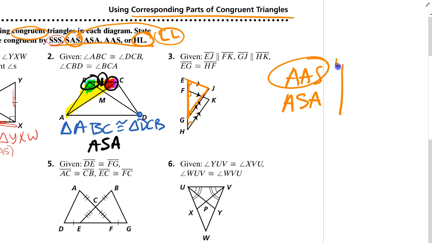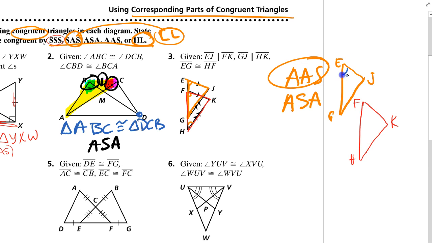If I had angle, angle, side, let me draw this triangle apart from the other one. So here's E, G, J. And now down here, I've got F, H, K. They don't really have any sides that are in common. Bummer. Let's see. What else could I do?